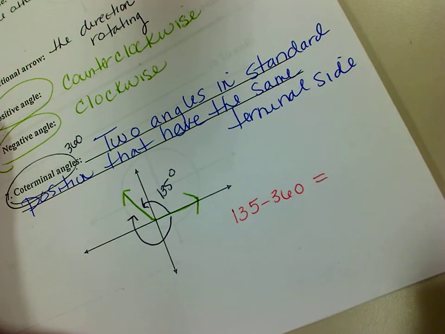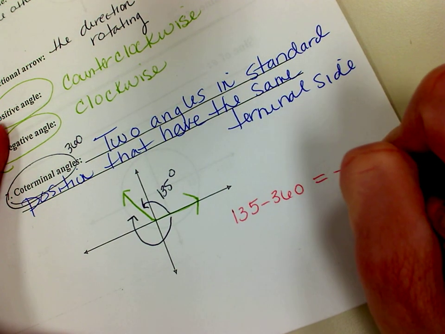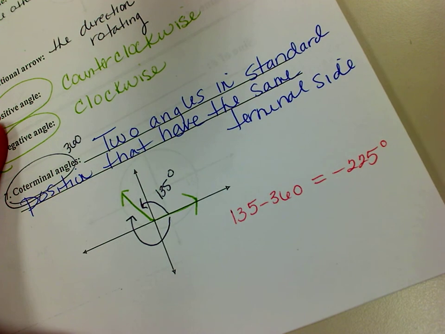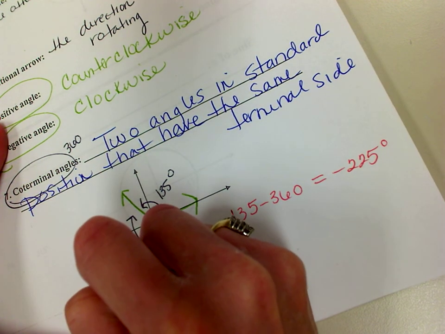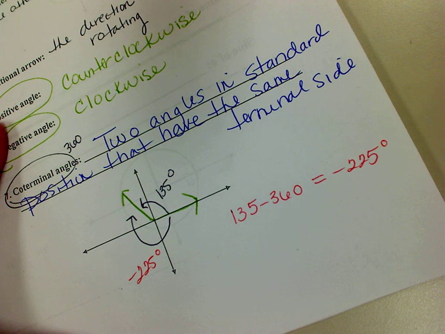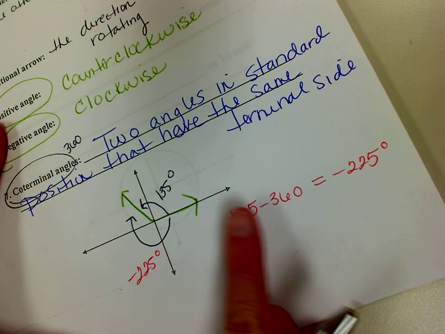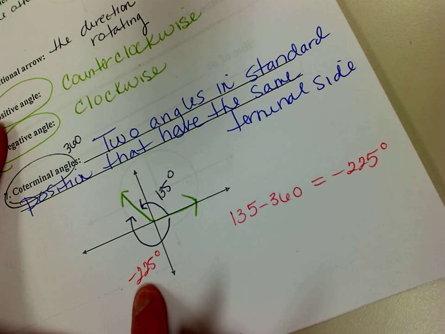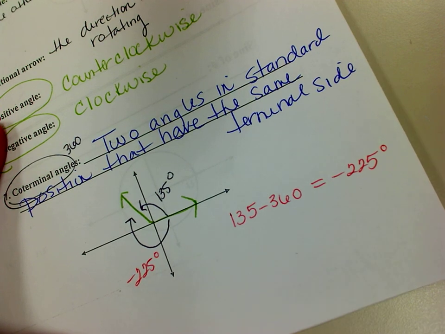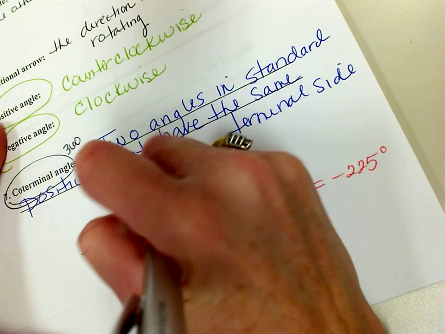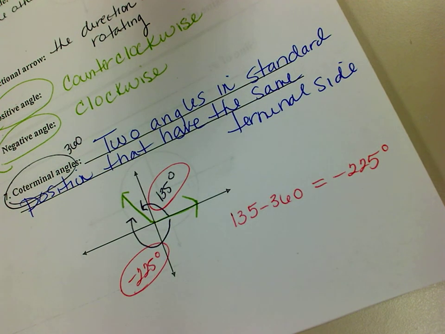That's going to give you negative 225 degrees. So this one's negative 225 degrees. Now let's say I gave you this angle first. Then you would add 360 to it. So if I'm giving you a positive angle, you subtract 360. If I give you a negative angle, you add 360. Okay, so these are coterminal.